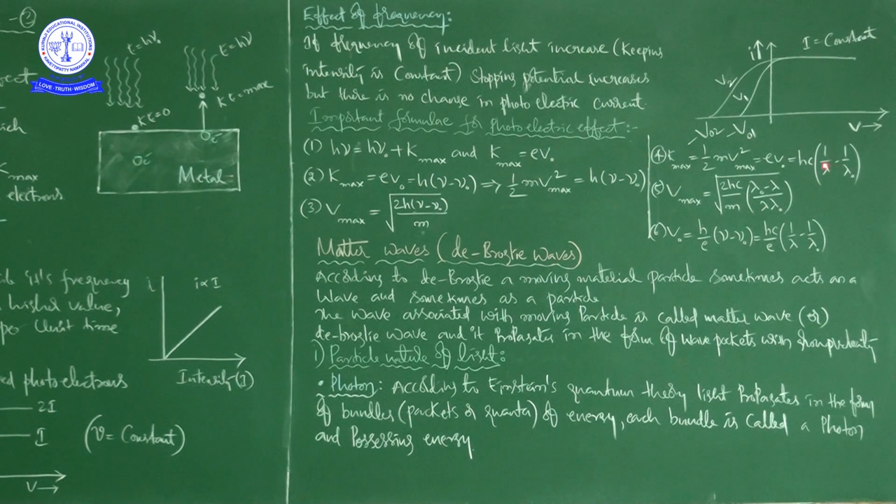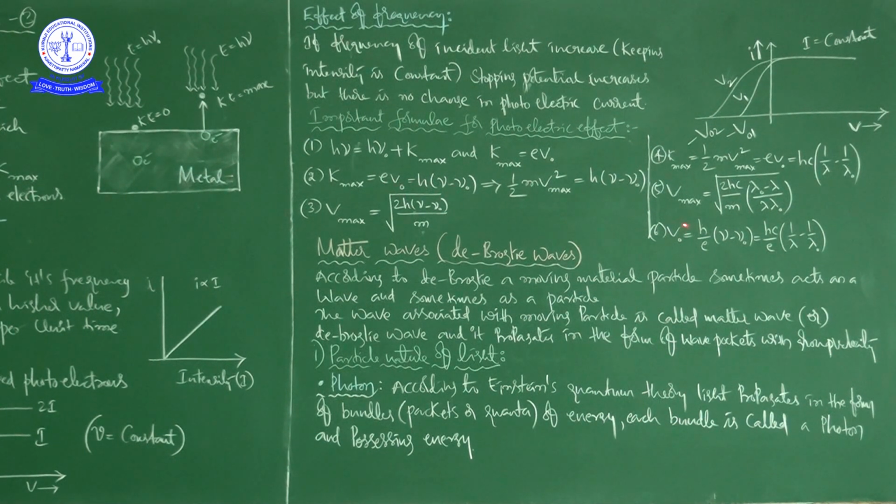It is a mathematical thing, right? And from this again, V maximum is equal to the square root of 2hc into lambda naught minus lambda by lambda, with m the mass. And next, V naught is equal to h by e into nu minus nu naught, because e V naught is equal to h into nu minus nu naught.